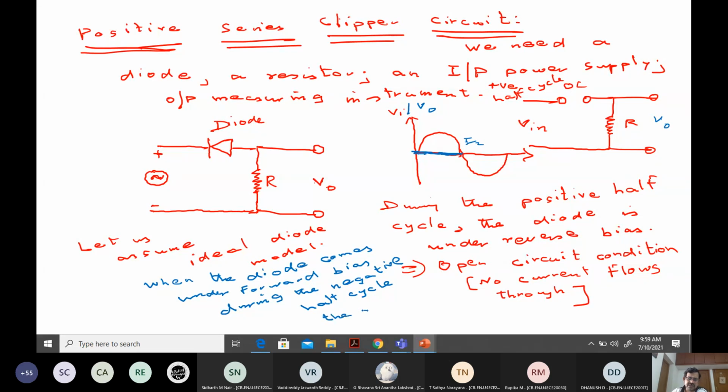The diode conducts. Which means now the current flows through the circuit. So the equivalent circuit will be, this is my diode. It is shorted, a short circuit condition.